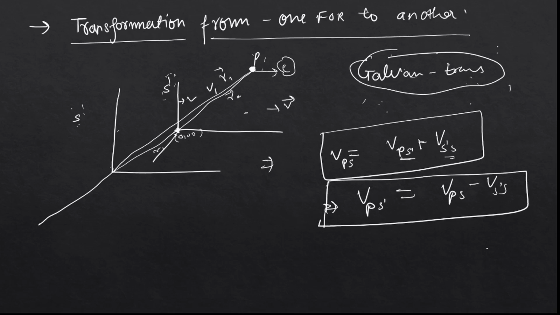So this is how you can transform your motion, like velocity, acceleration, or your position vector, from one frame of reference to another frame of reference, which means if any event is happening, how this event would be seen by an object which is moving with velocity v, right? If I know the event has some velocity in frame S, then how can I find the velocity in frame S dash?